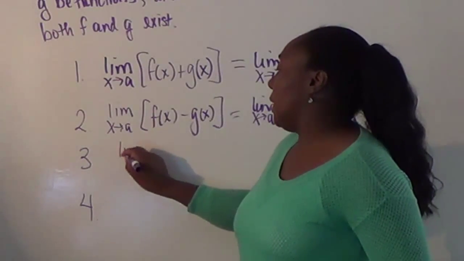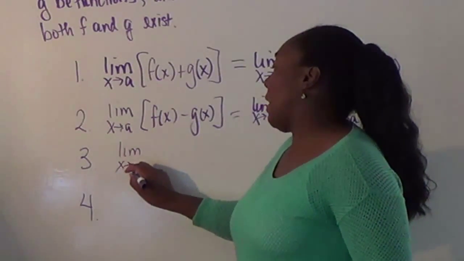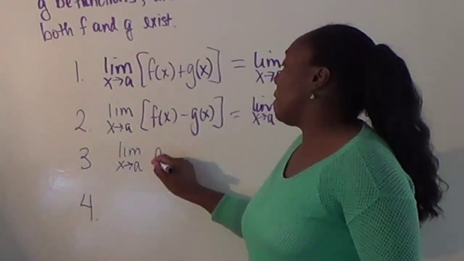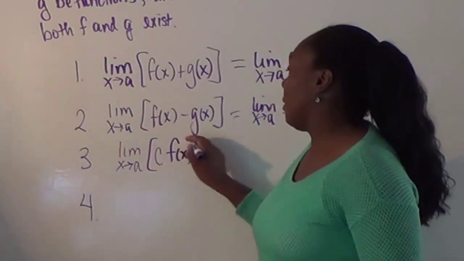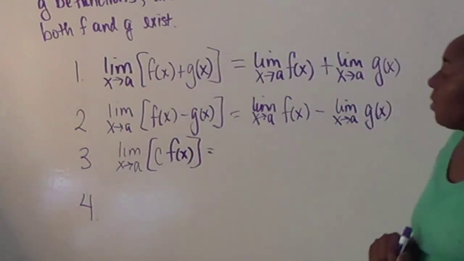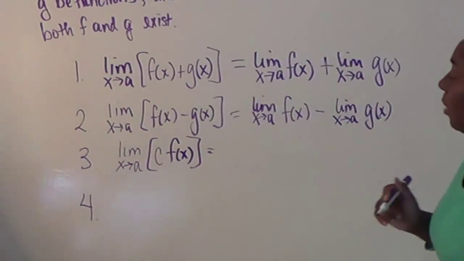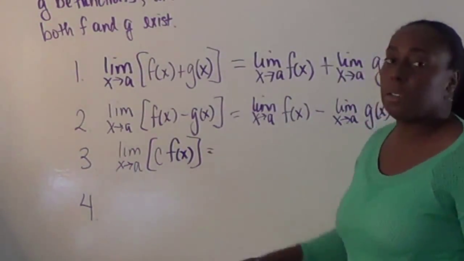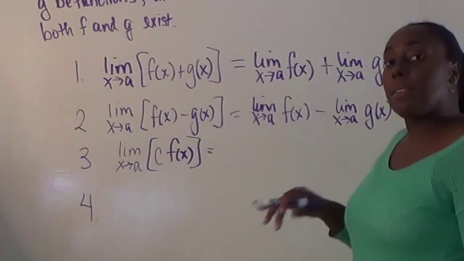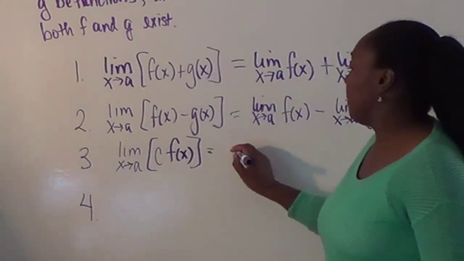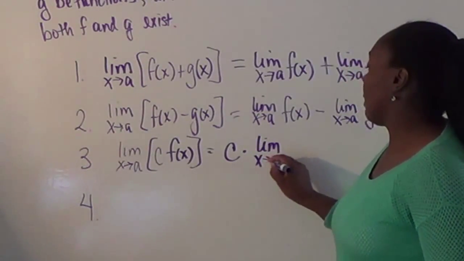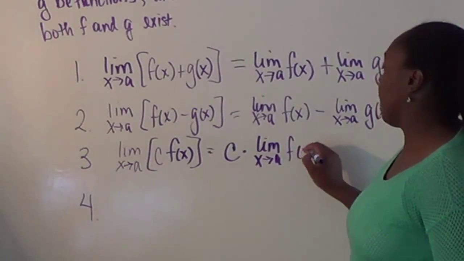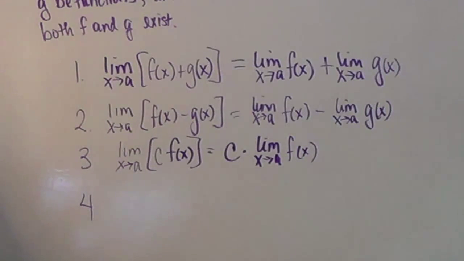If I have a limit as x goes to a of some constant times my function, then this limit law says that I can pull this constant out front and then look at the limit of the function. Okay, so that's our scalar multiplication.